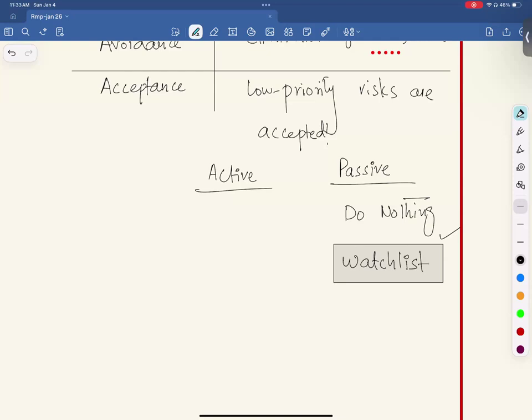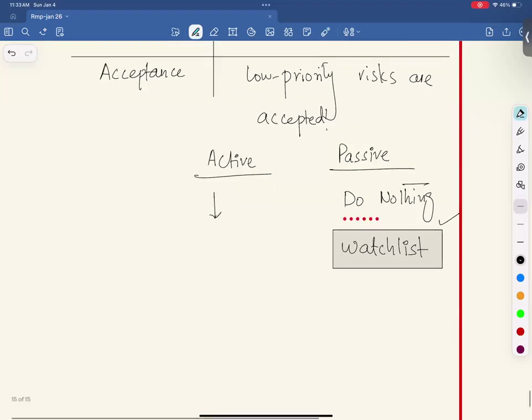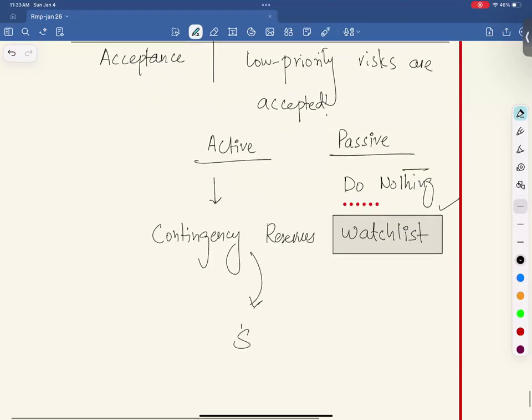Okay. Then active acceptance is where you're not taking any action now. You're setting aside contingency reserves. Let's say you're saying, okay, let's allocate $10,000 for this risk, and we'll see what to do later.